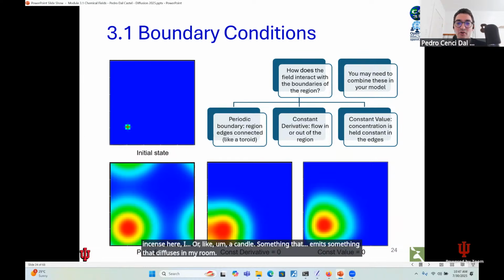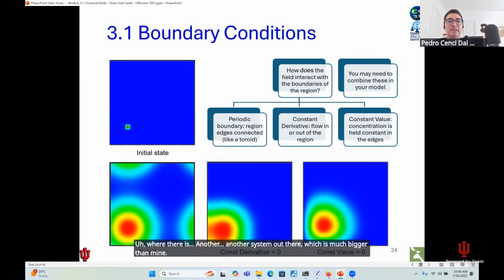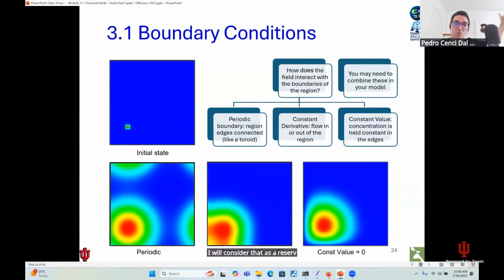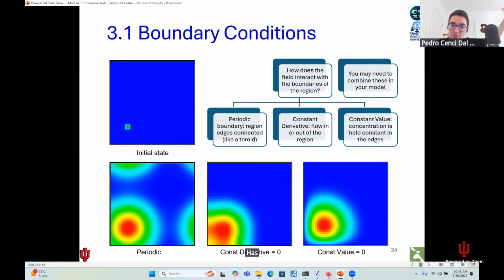If I open the door or the window, where there is another system out there which is much bigger than mine, I will consider that a reservoir with 0 concentration of the field. So for this situation, I would consider that the boundary condition for this chemical that I am producing here inside my room has boundary condition 0 at the window if I open the window.